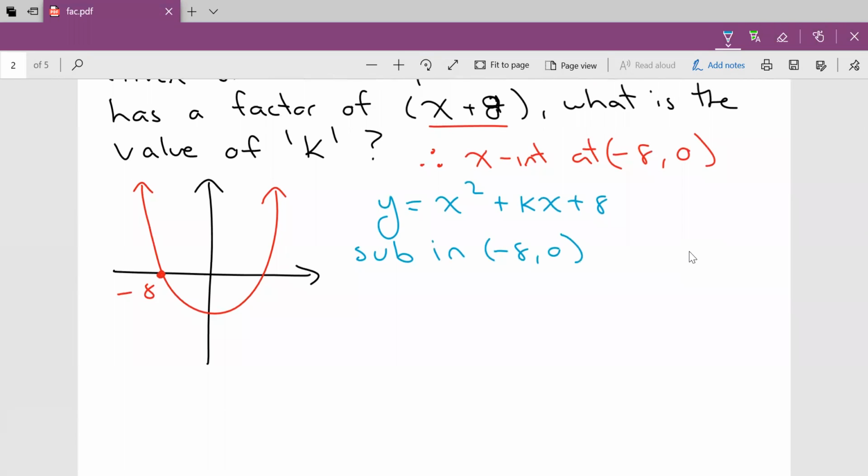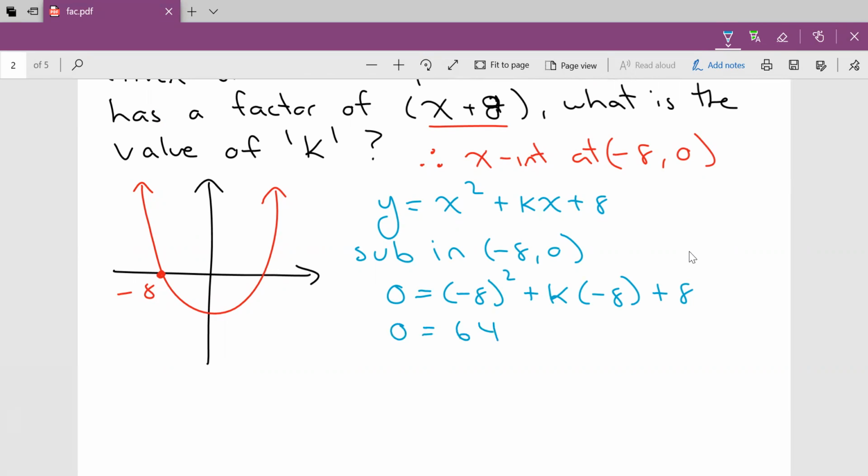This is really us using the factor theorem. If I sub in negative 8 into this function, I will get a remainder of 0 because it's a factor. Okay, let's go and find k.